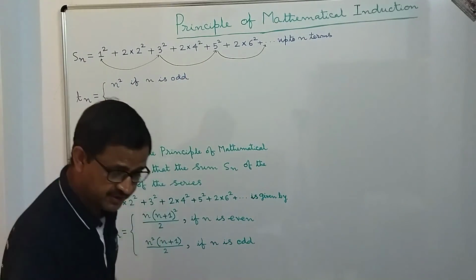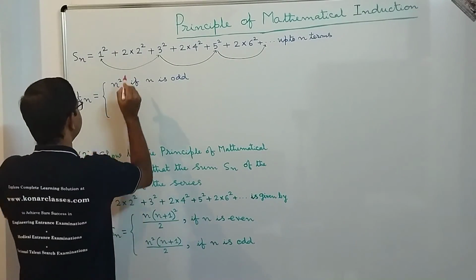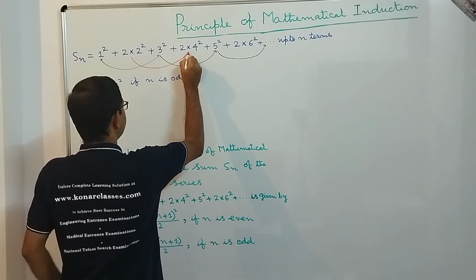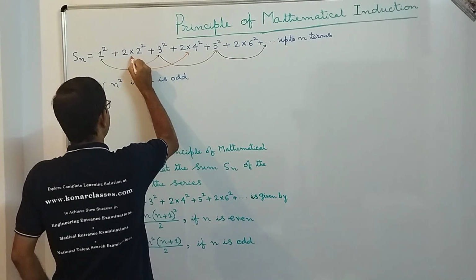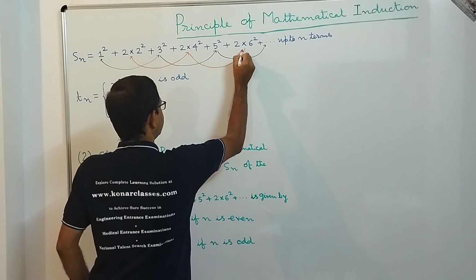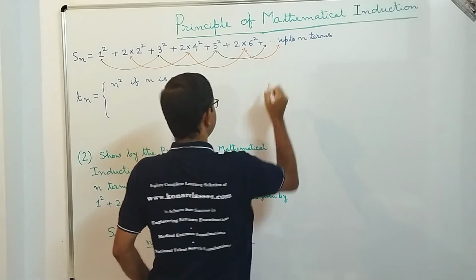But if n is even, it is 2 into 2 square, then 2 into 4 square, then 2 into 6 square, and in that way the next term will be 2 into 8 square, like this.